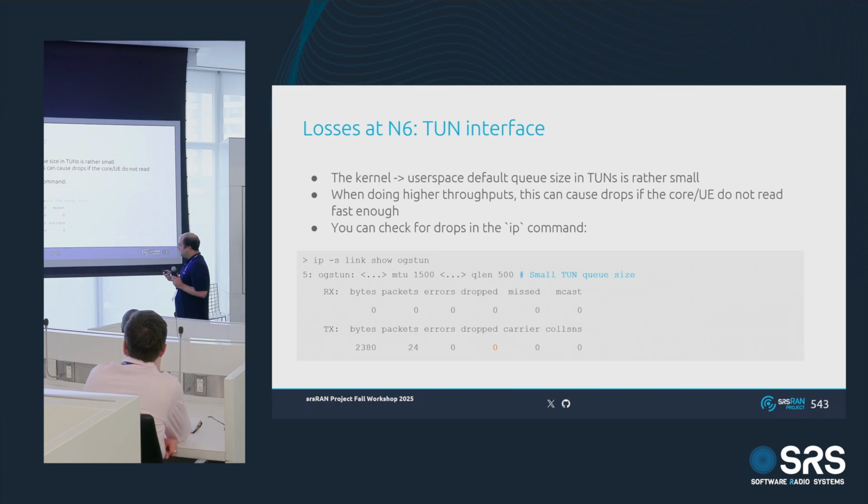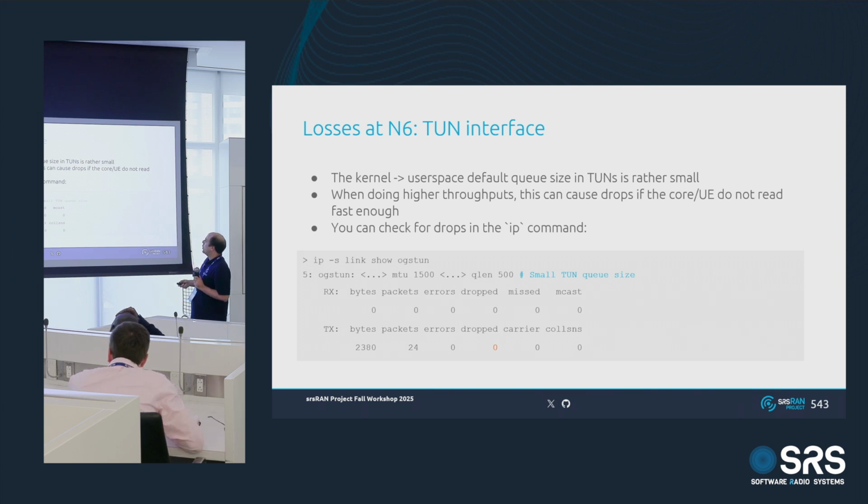We have had 2 instances within our company where we spotted this problem, where the core was not reading fast enough, and we had also one user at least who also had this instance of the core just not reading fast enough, and we were having drops in the TUN, and it was affecting the TCP throughput.